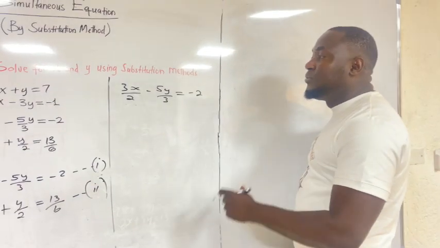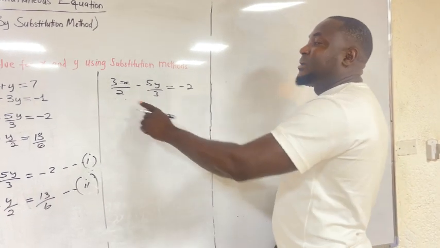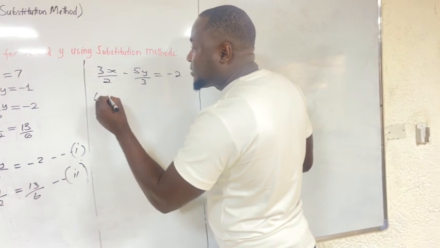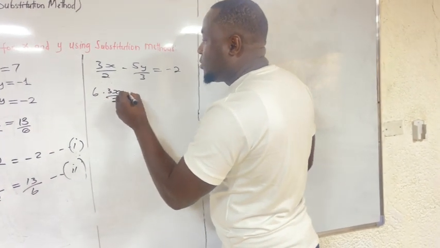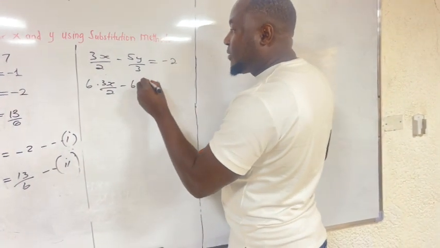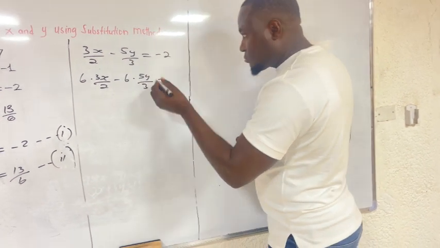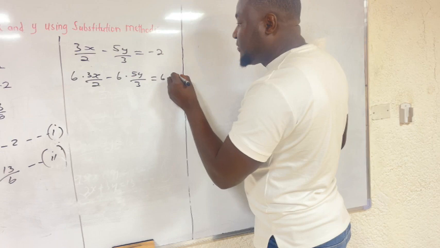The least common denominator is 6, that is 2 times 3, giving us 6. So 6 times 3x over 2 minus 6 times 5y over 3 is equal to 6 times negative 2.